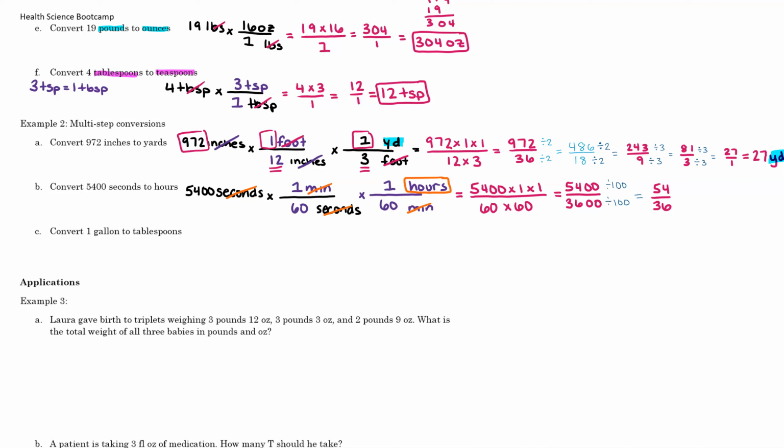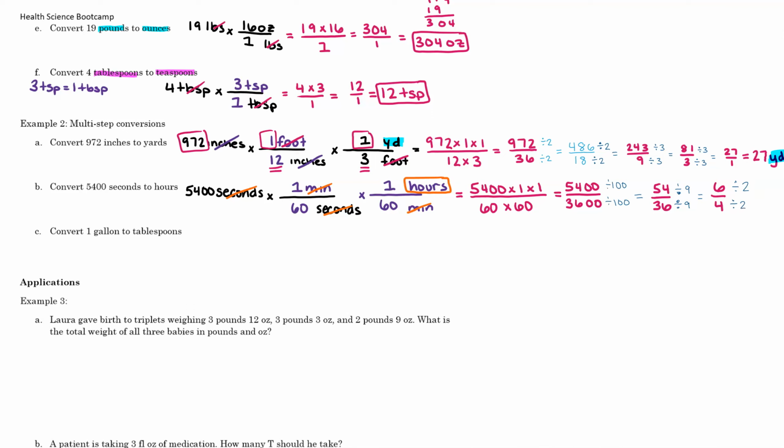So let's simplify. 54 and 36 from your times tables are both divisible by 9. So 54 divided by 9 is 6, and 36 divided by 9 is 4. Okay, cool. Well, 6 and 4 are both even, so let's divide by 2.